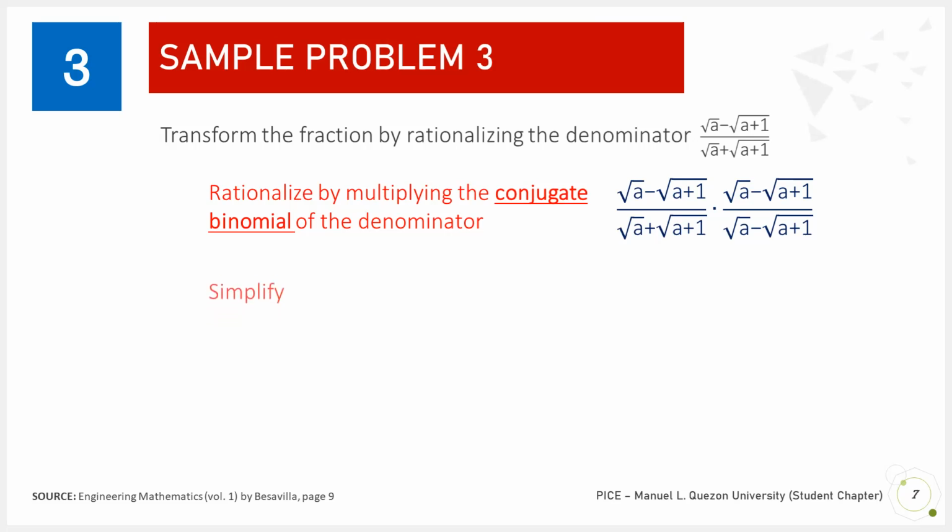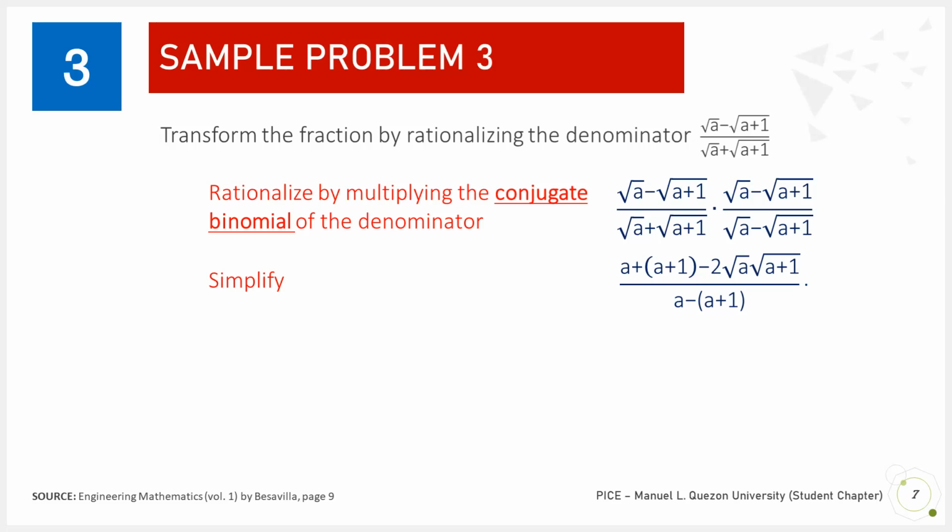And we multiply the conjugate binomial sa numerator and denominator para ma-rationalize. And then we simplify by applying multiplication. So ganito siya, square root of a multiplied by square root of a is a, simply a. And then negative square root of a plus 1 multiplied by another negative square root of a plus 1 is positive a plus 1.